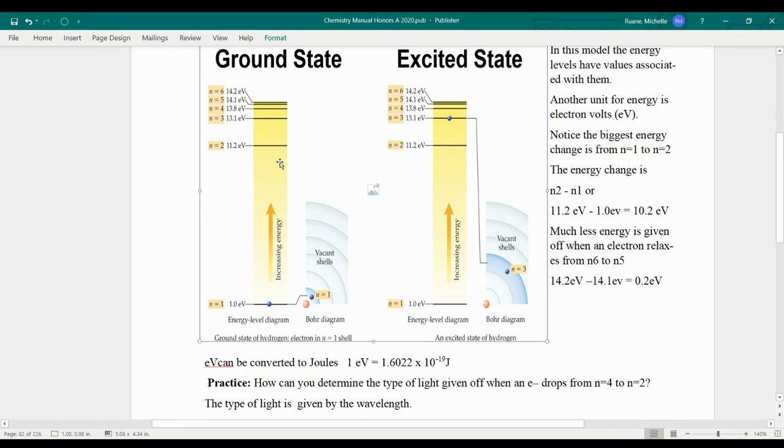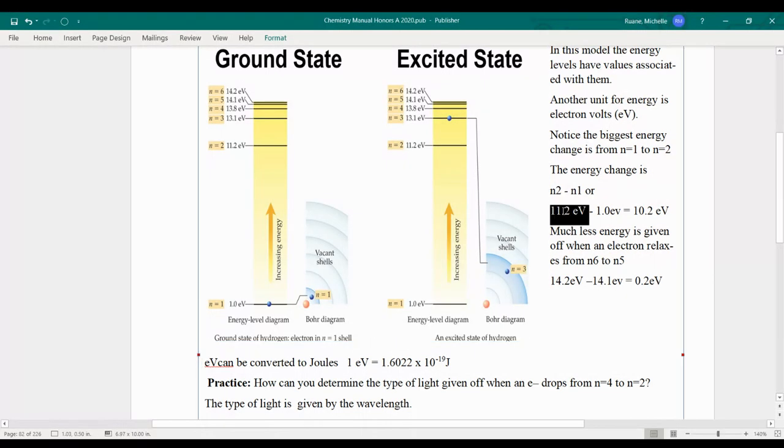So if my electron is dropping from N2 to N1, the energy it's given off is the delta E, which is the difference between those two energy levels. So 11.2 minus 1, it gave off 10.2 electronvolts. And I did that calculation right here for you. Okay, it's the difference between these two.